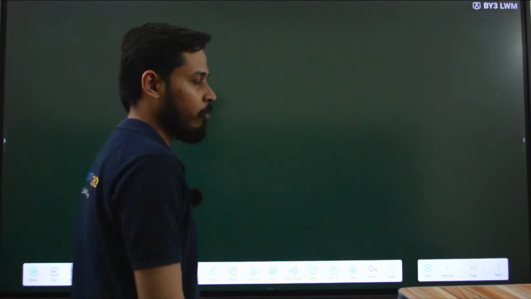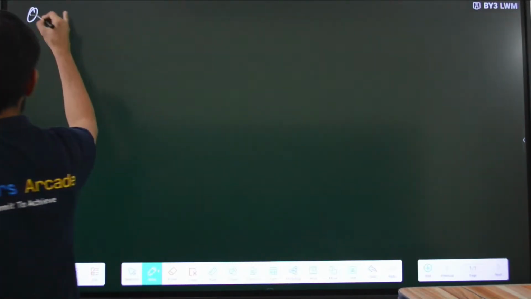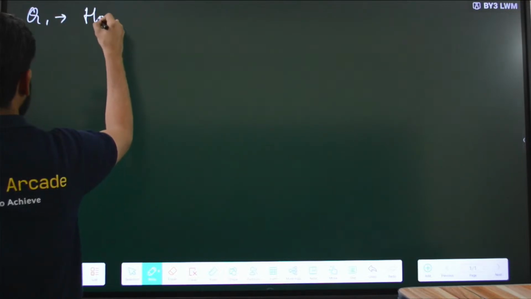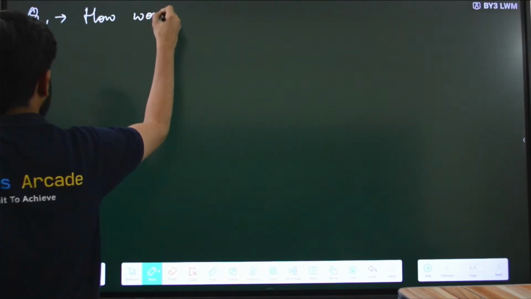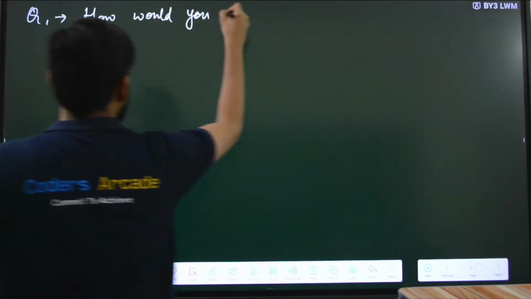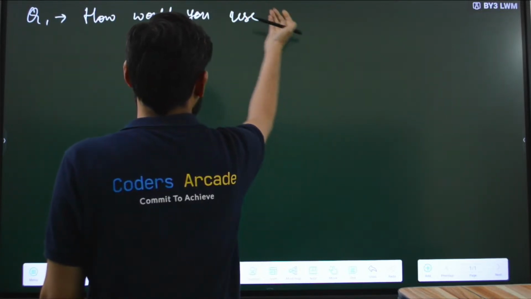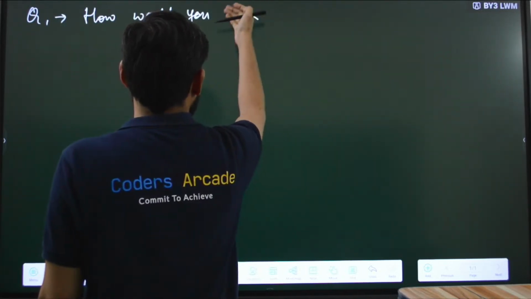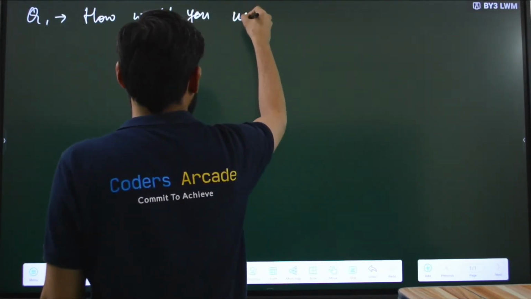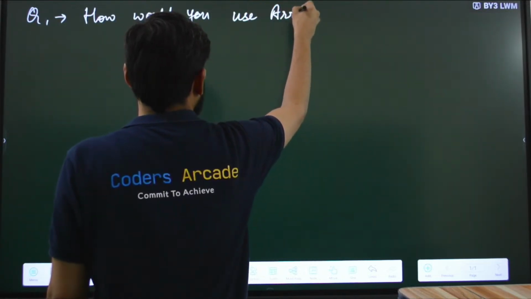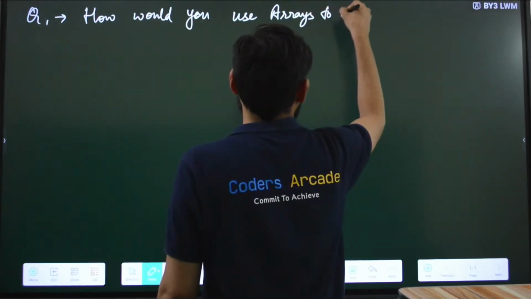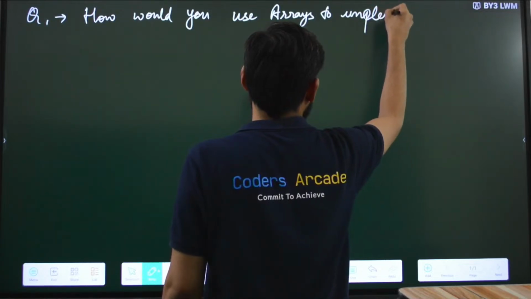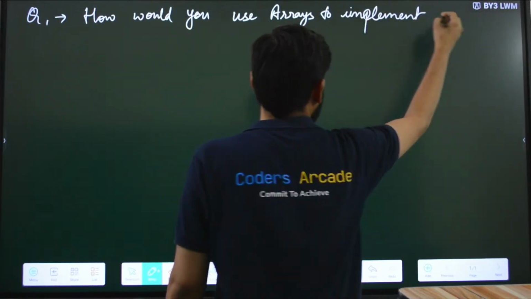So now the very first thing that you need to understand is how would you use an array? My first question is, how would you use arrays to implement a queue?